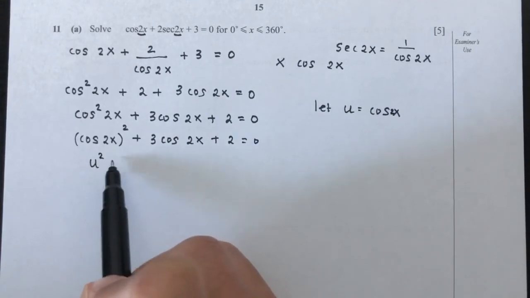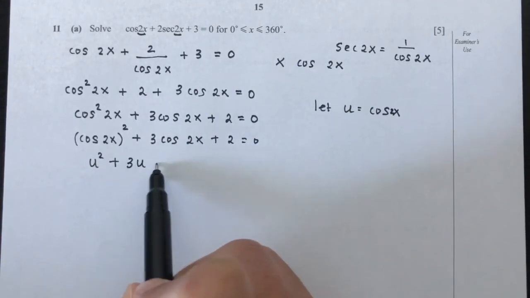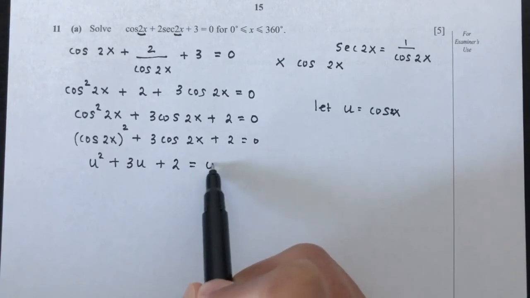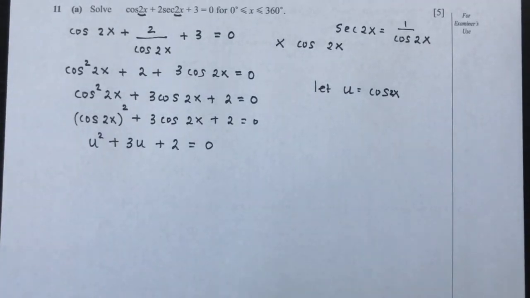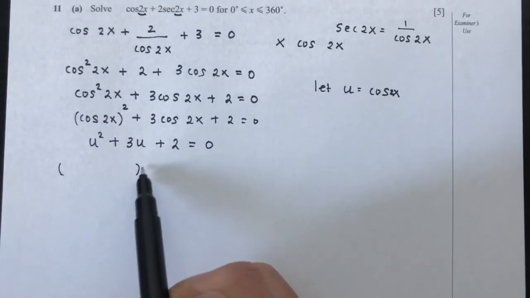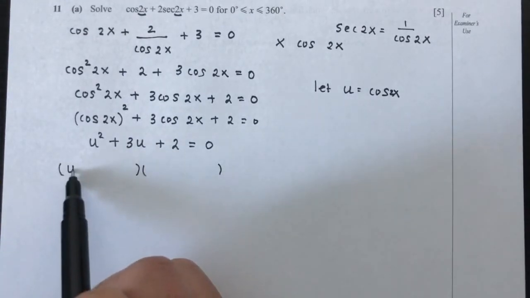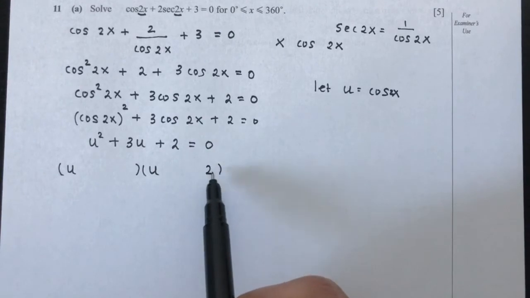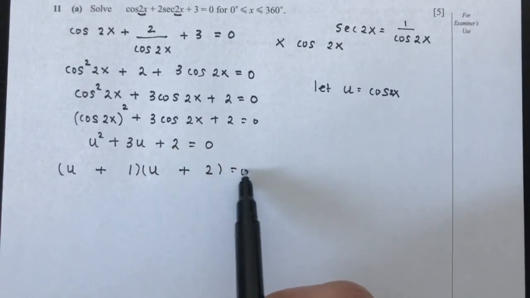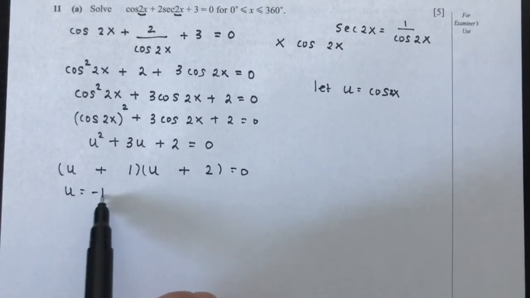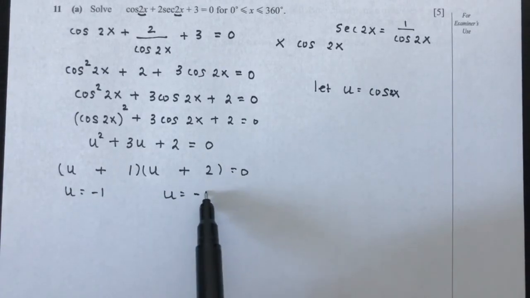That will be u square plus 3u plus 2 equal to 0. Now you see this one is a simple quadratic equation. You can factorize. So 2 brackets, that will be u times u and 2 times 1 plus to get plus 3. So u will be minus 1, or u can be minus 2.